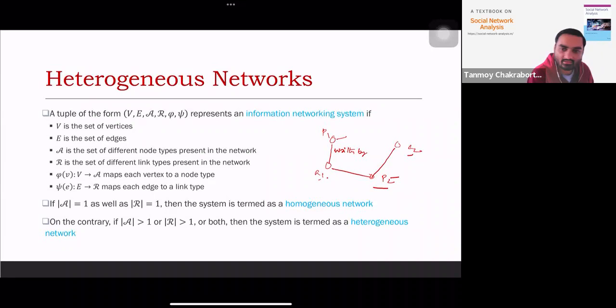You can also make it node heterogeneous and edge heterogeneous. How? If you start adding edges between two papers as citations, right? There's a link from P1 to P2 if P1 has cited P2.